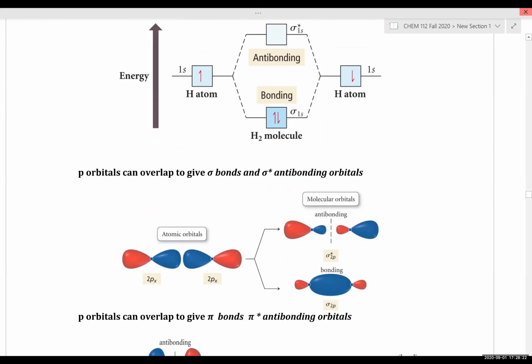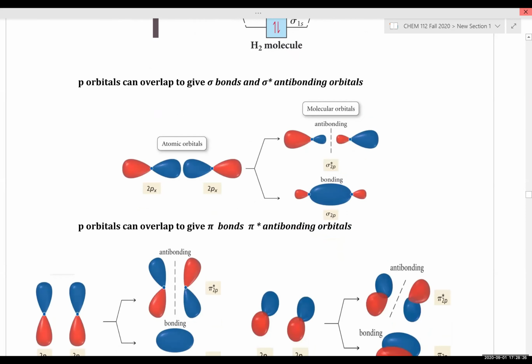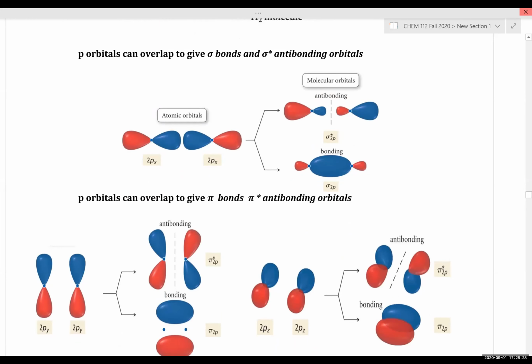Now, the one thing that's unique about p orbitals is that they can engage in both sigma and pi bonding. So here's an example of the sigma and the sigma star orbitals formed from component p orbitals.